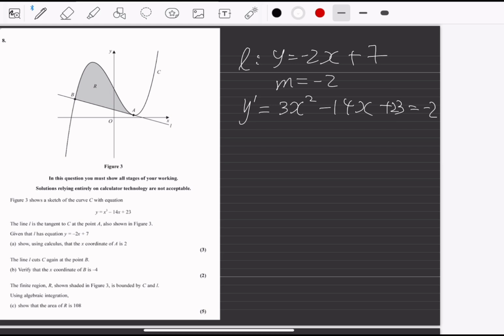Then for this kind of equation, we can find x values. So 3x squared minus 14x plus 23 equals minus 2. That leads us to 3x squared minus 14x plus 25 equals 0.